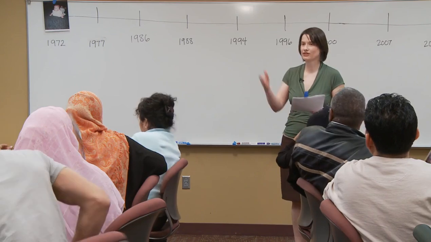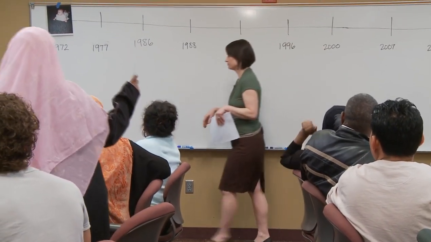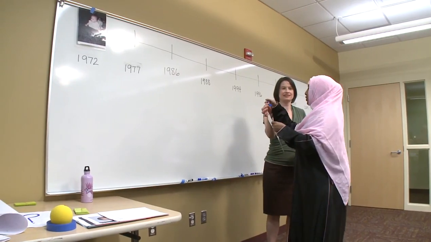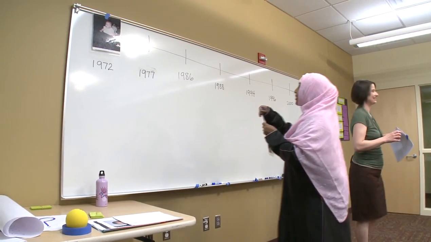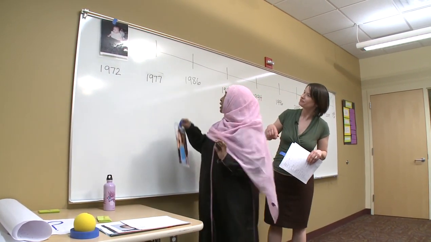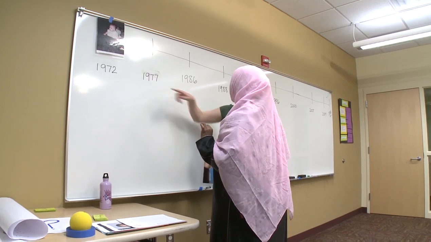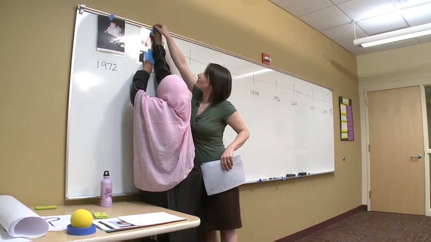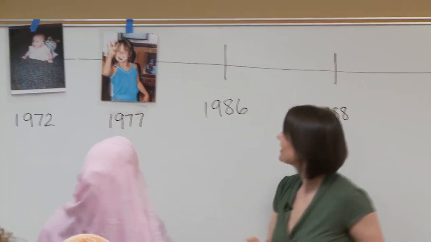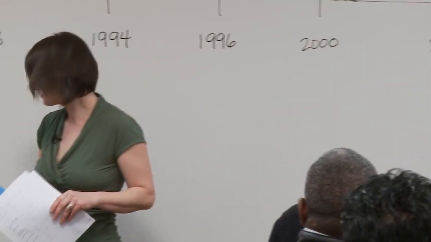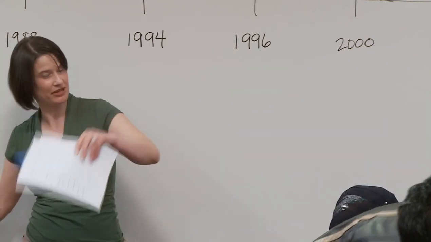I started school. Okay, so come up. What happened in 1986? No, that's 77. Yeah, 1977. I'll help. What happened in 86? Played basketball. Yep. Come on up, Mohammed.